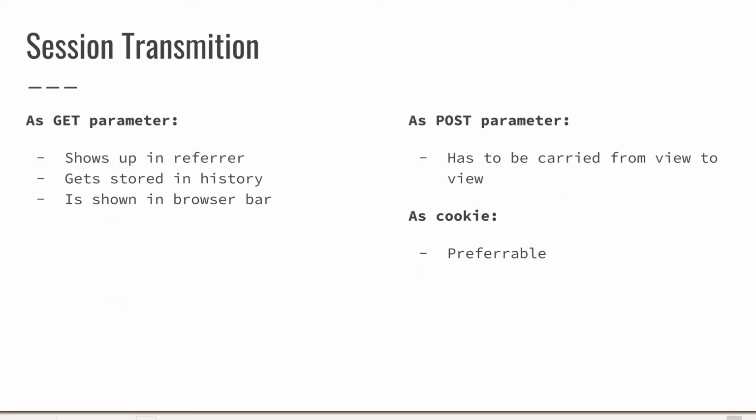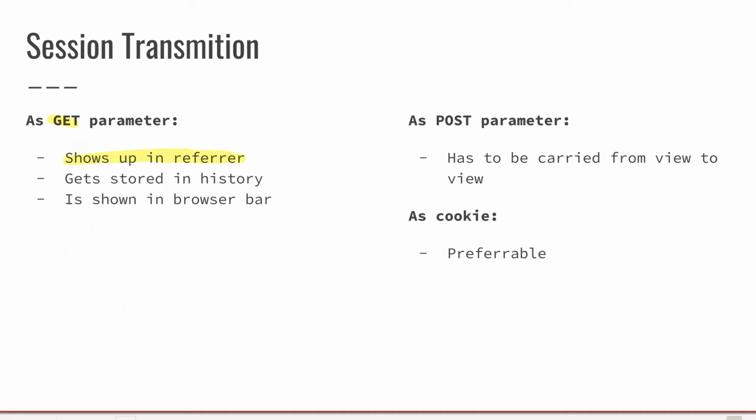Now we need a way for the browser to transmit this session ID on every request. We could do this with GET parameters, which is obviously a bad idea. For example, because it would show up in the referrer.